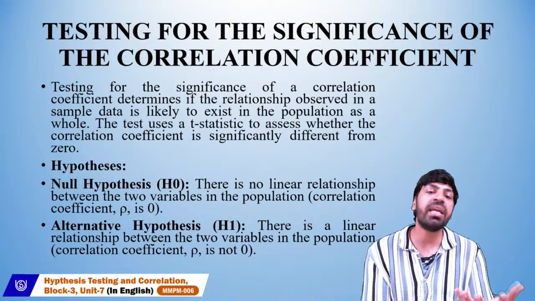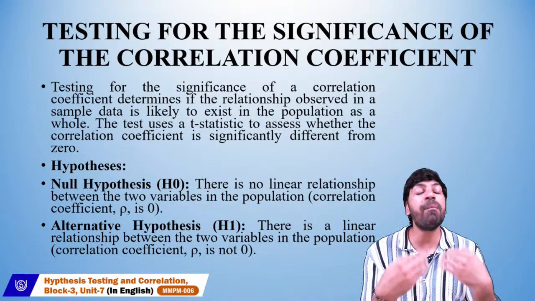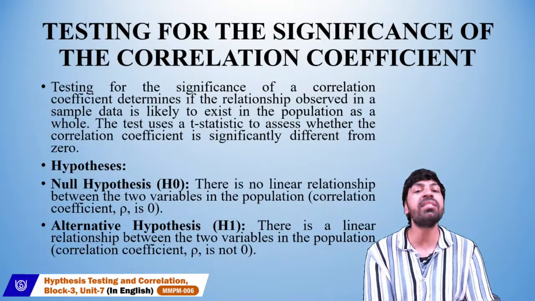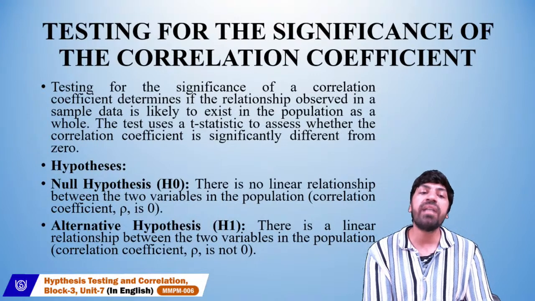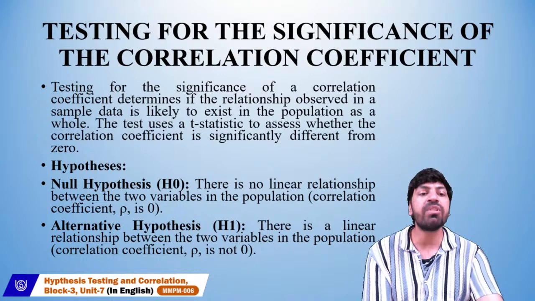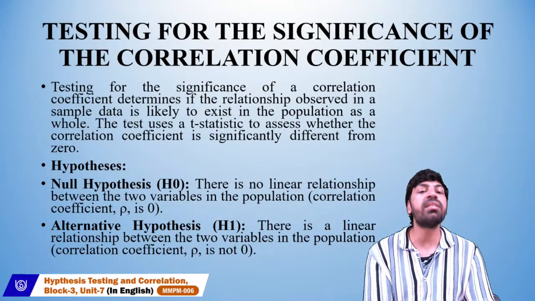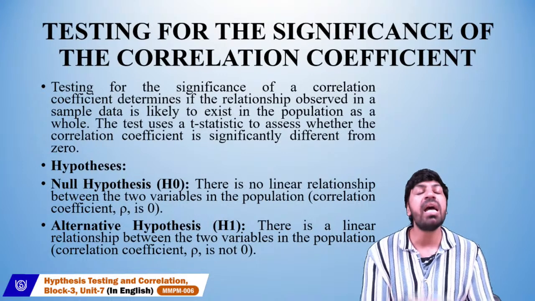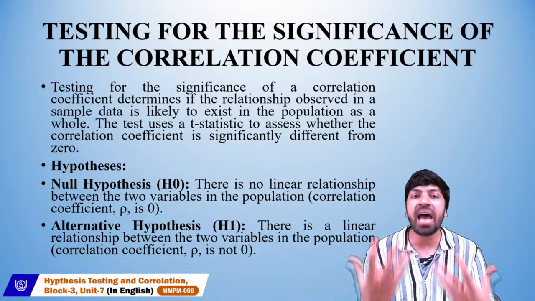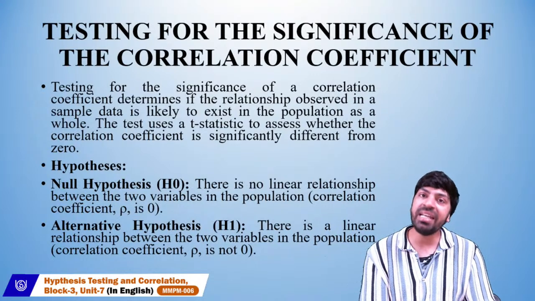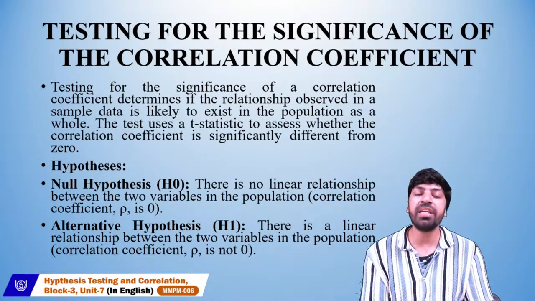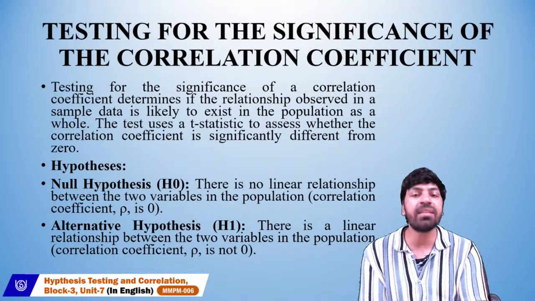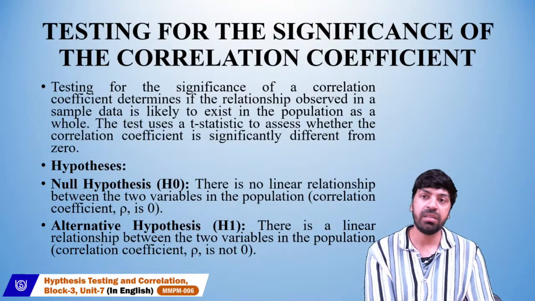Before applying any t-test or t-statistic, you need to set up the hypotheses, called the null hypothesis and the alternate hypothesis. Accordingly you can apply the formula of the t-test, and then easily justify whether the hypothesis should be accepted or rejected.